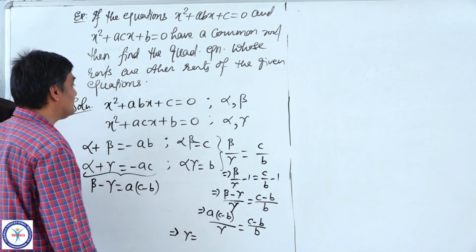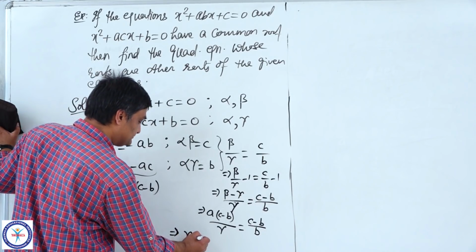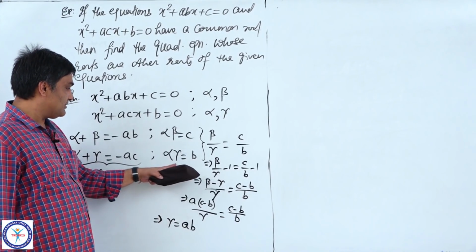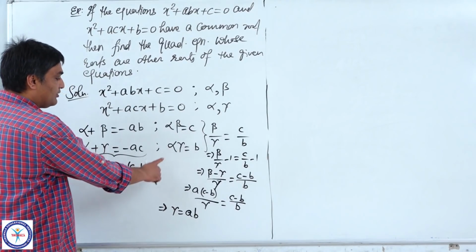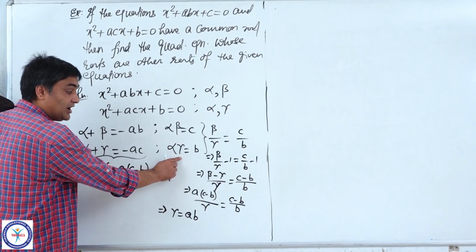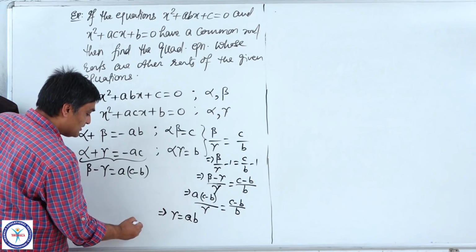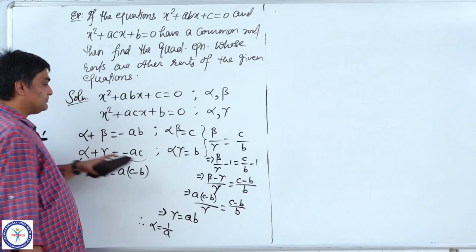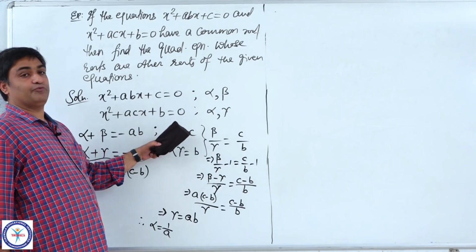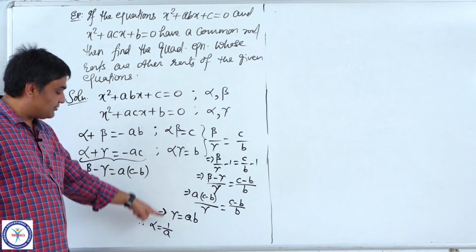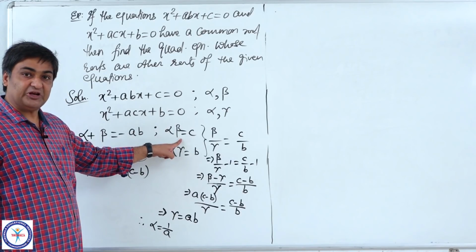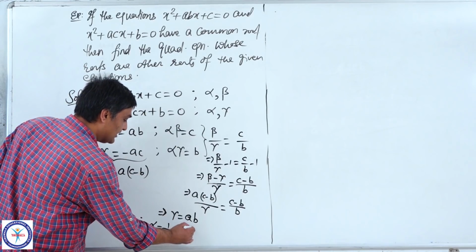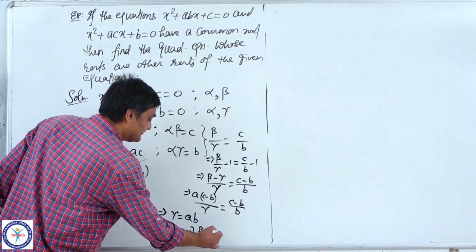Gamma is ab. If gamma is a into b, therefore alpha is 1 by a. If alpha is 1 by a, then what is beta? Beta equal to ac.